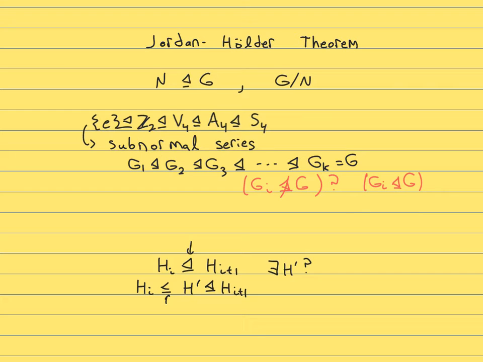Well, it's a known fact that you can check: since H_i is already normal in H_{i+1}, it's closed under conjugation by H_{i+1}. Since H' is assumed to be a subgroup, when you're conjugating by elements of H', each of those elements is in H_{i+1}. Yeah, I guess we can just do the proof.